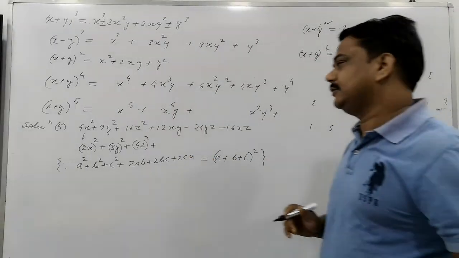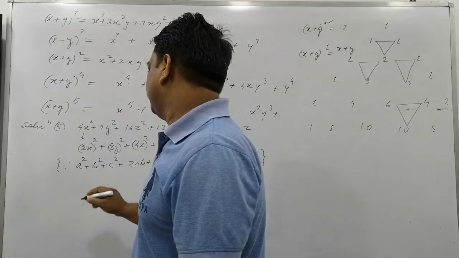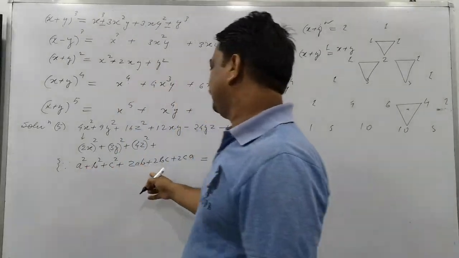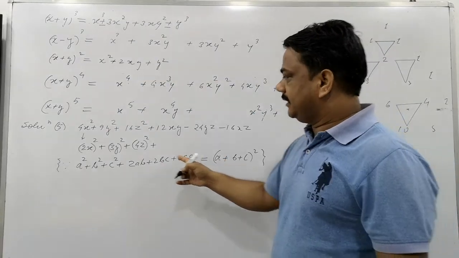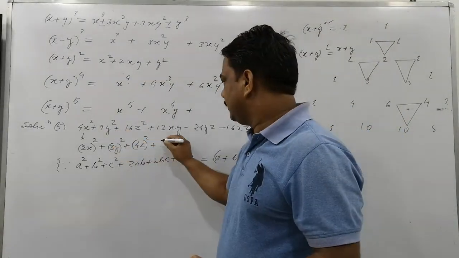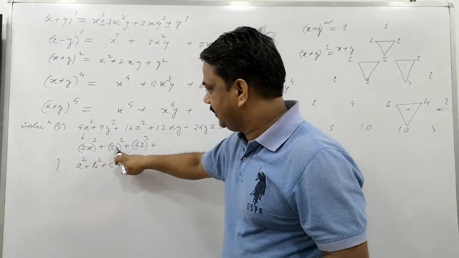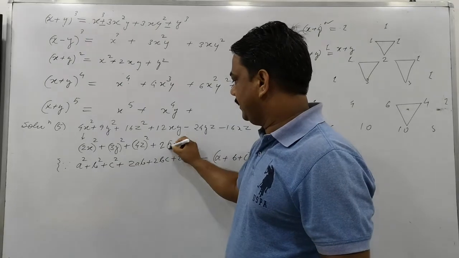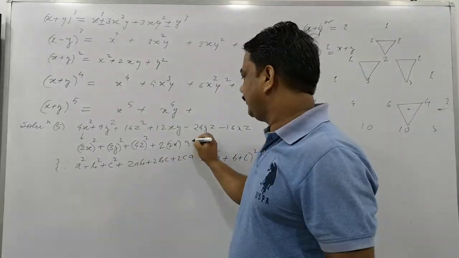Is that clear or not? So what can we write in this? Here will be a square, b square, c square, twice ab. Whether it is suiting this pattern, you may see. Here is a, b, c. So 2 times a, and b is what here? 3y.